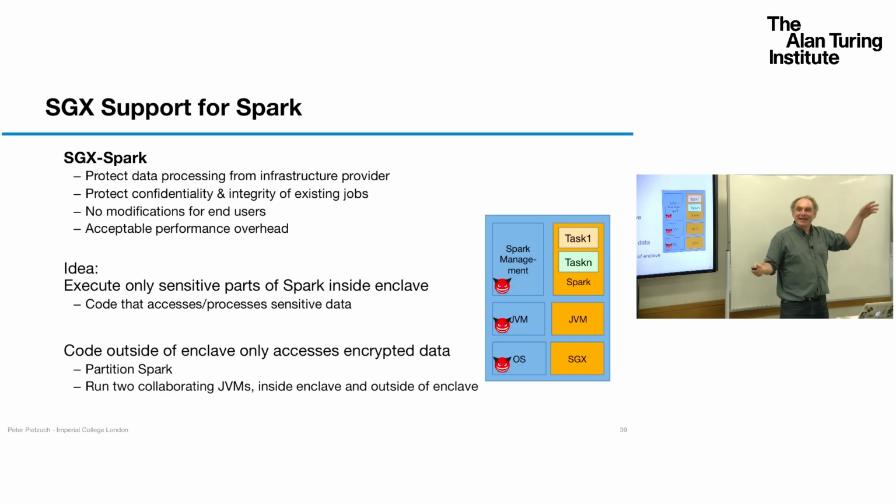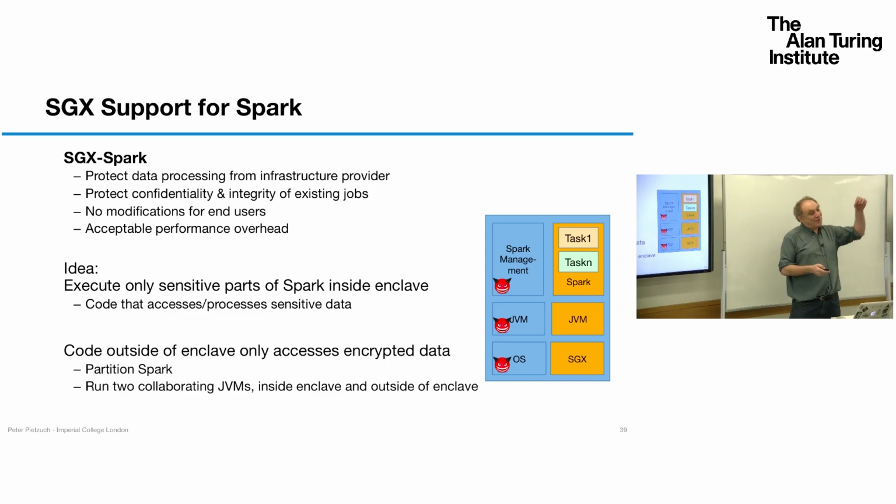Well, you can, and then watch the thing run 100 to 1,000 times slower than the normal world because it will be paging the whole time. So the trick is, can you put only the important bits of Spark in the enclave and leave the rest out, and then, assuming you hardly ever call them, that might be sufficient.